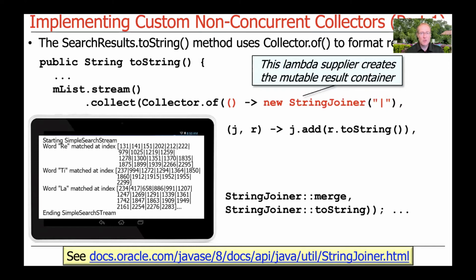And the particular mutable result container we want in this case will be a StringJoiner. And StringJoiner is a class that's defined in Java that is going to allow you to concatenate a bunch of strings together. And the StringJoiner will make sure that between every string you concatenate or you add, it puts a vertical bar between each of them, which is exactly what we want to get the output that we're looking for here. So that's the type of the accumulator, is going to be a StringJoiner with vertical bar as the parameter to use as the separator.